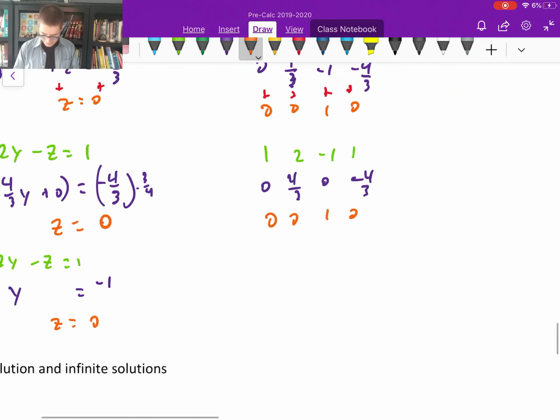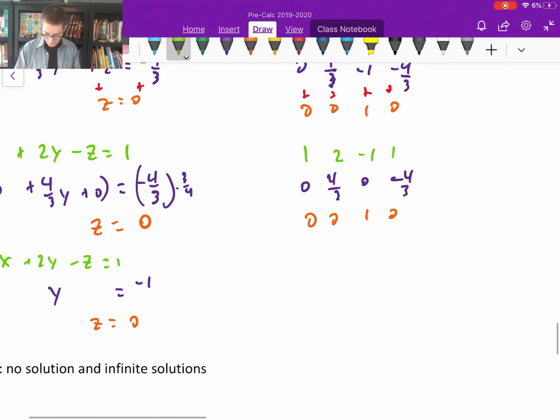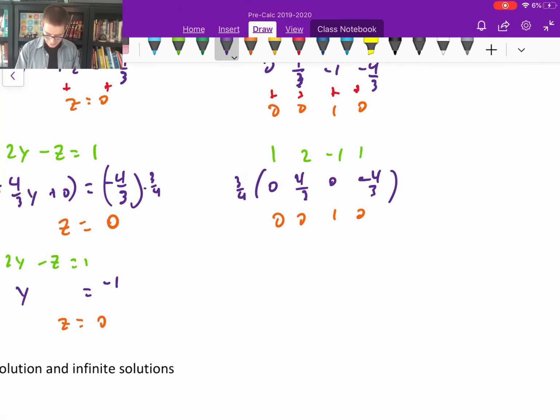And we can do the same thing on the right side. We will multiply both sides by 3/4, and we will get 1, 2, negative 1, 1, and then 0, 1, 0, and then negative 1, and then 0, 0, 1, 0.